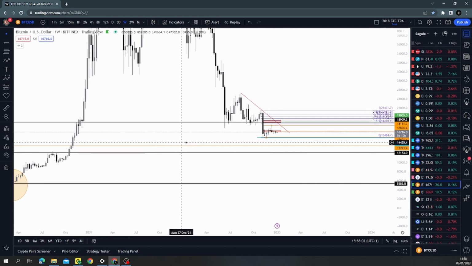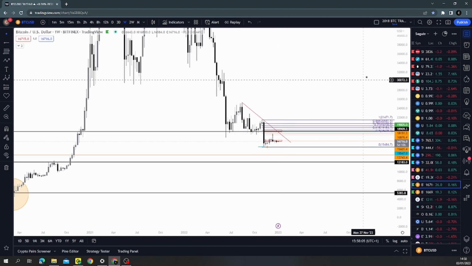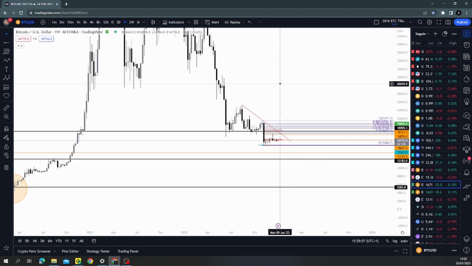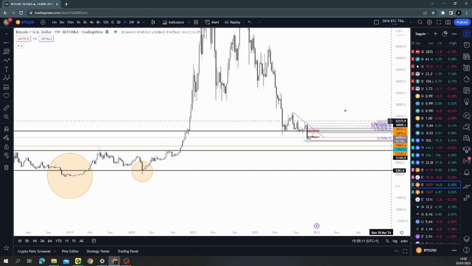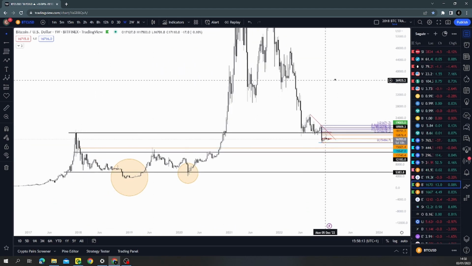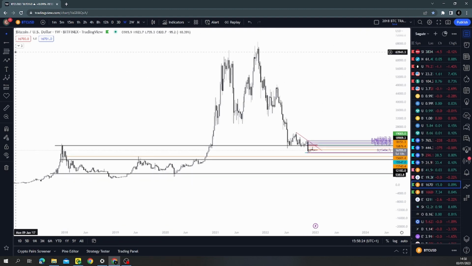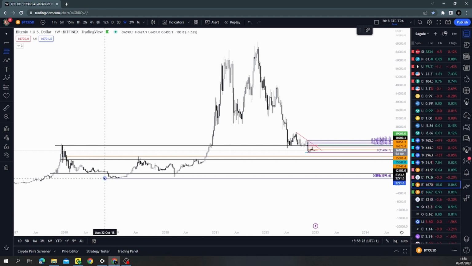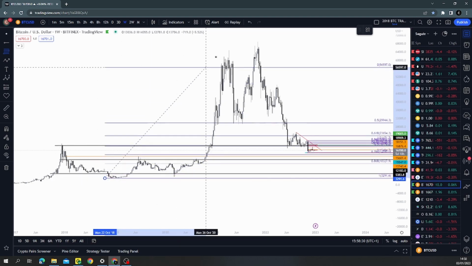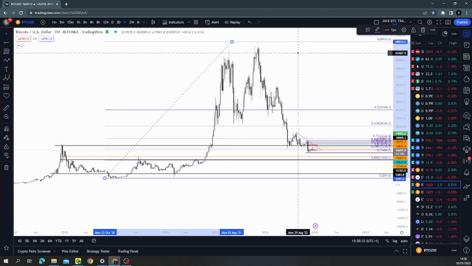Okay, now we identify where the price can go next. We can check for another confluence. How? We're gonna drop some Fibonacci from the low of the bear market in 2018 to the highs of the bull market in 2021. We take the Fibonacci retracement from the lowest point of the bear market to the highest point of the bull market.